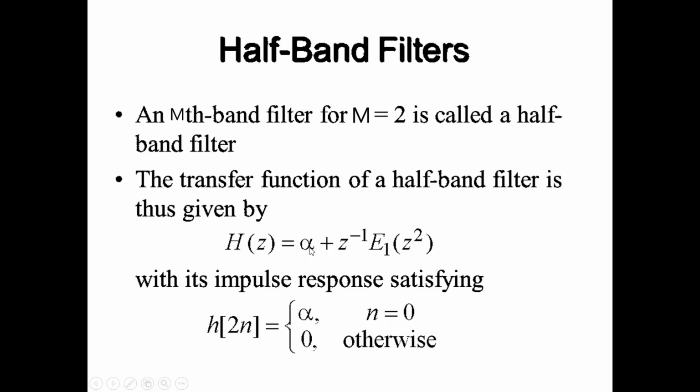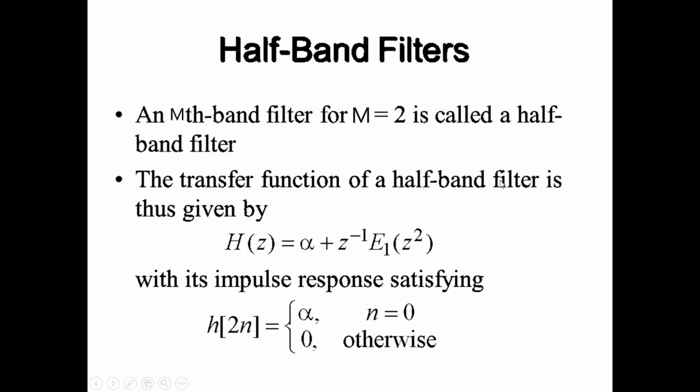Only two polyphase components will be there: alpha, the constant term, and the second term. And h of 2n will be equal to alpha, or we can put it equal to c. So alpha or c represents the constant term, h of 2n is alpha for n equal to 0, or 0 otherwise.